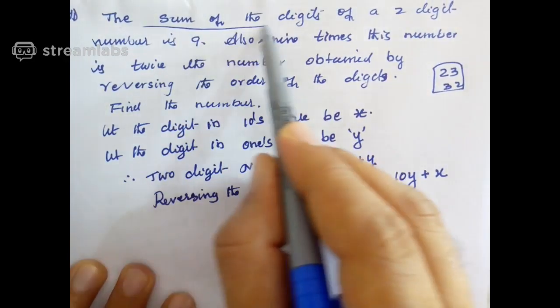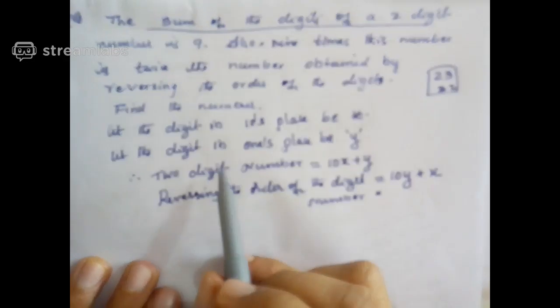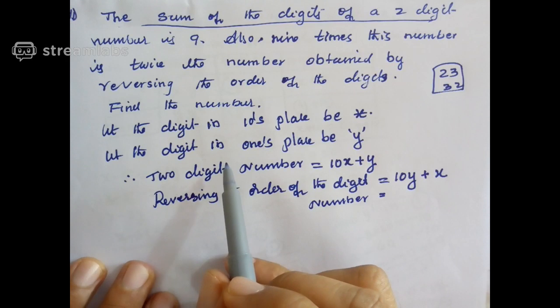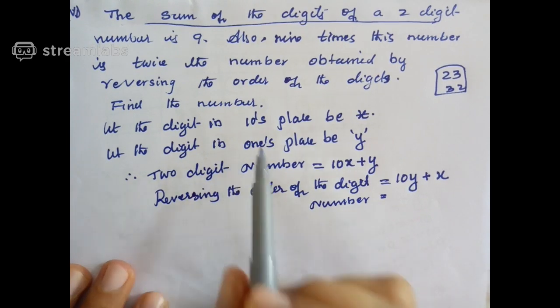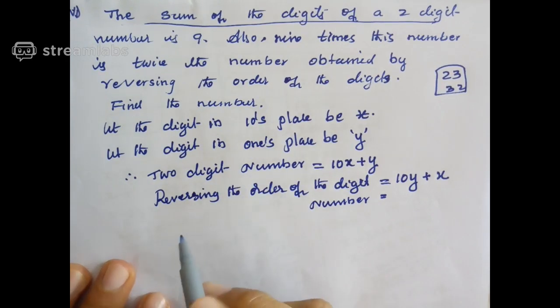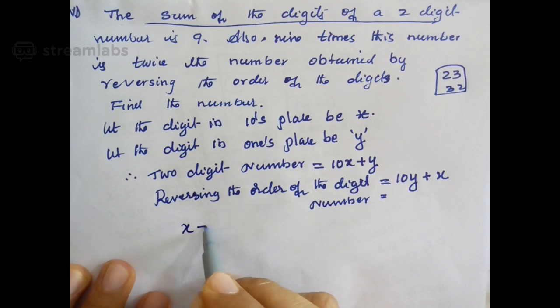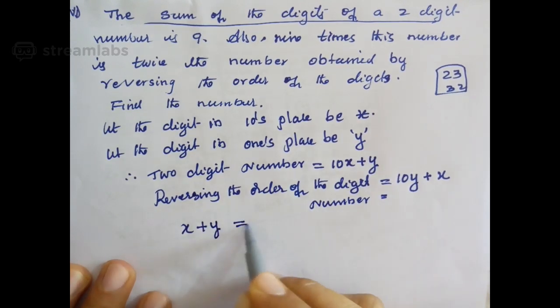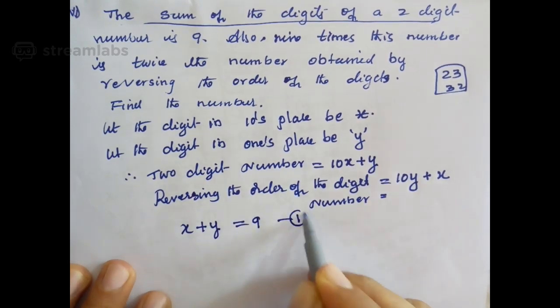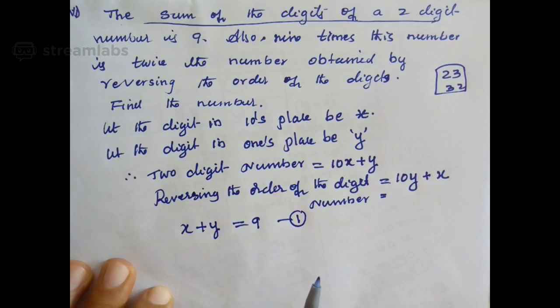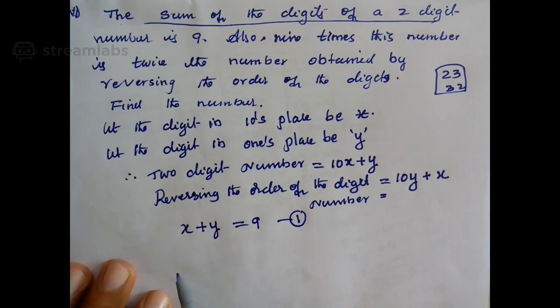First condition is what? The sum of the digits of a two-digit number is 9. What are the digits? x and y are the digits. The sum of these digits is 9. This is equation number 1. And see the second statement. Also, 9 times this number, which number?